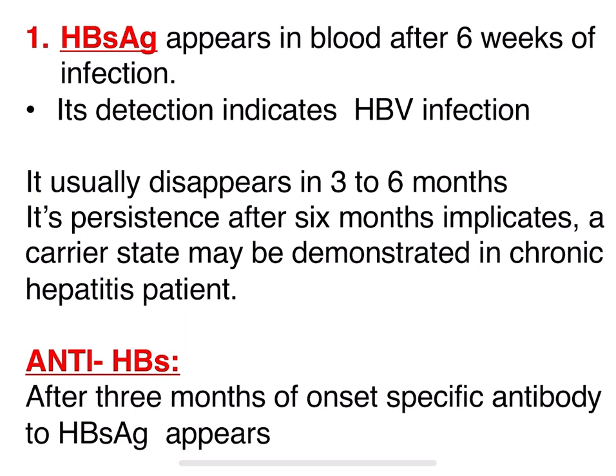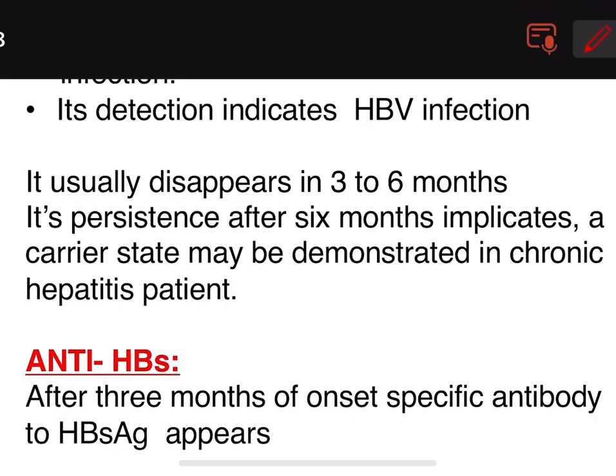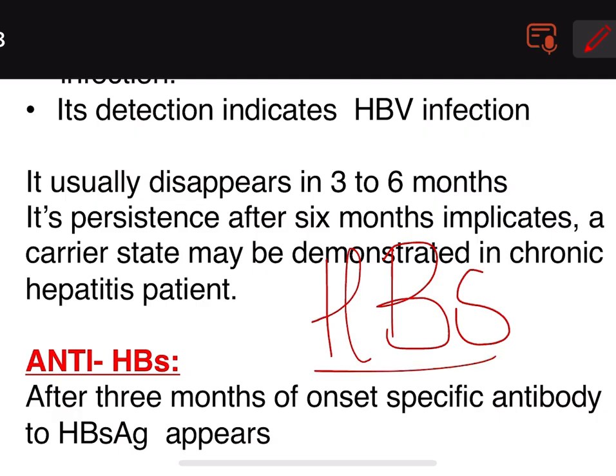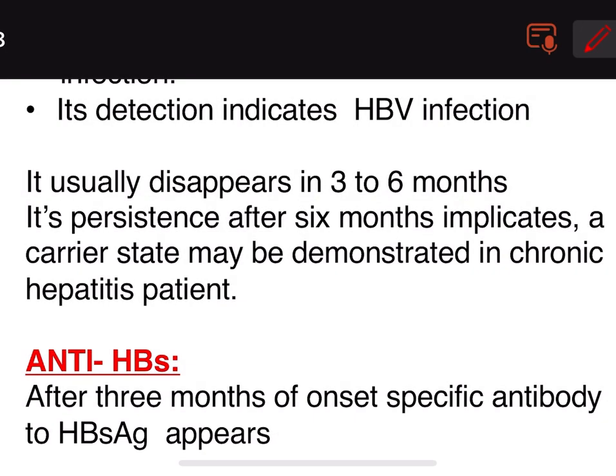And anti-HBs. After 3 months of onset, the antibody to HBsAg appears. Very simple. The surface antigen is HBsAg, where Ag stands for antigen. Now it is an antibody, right? So the antibody is against HBs. You don't have to get confused.